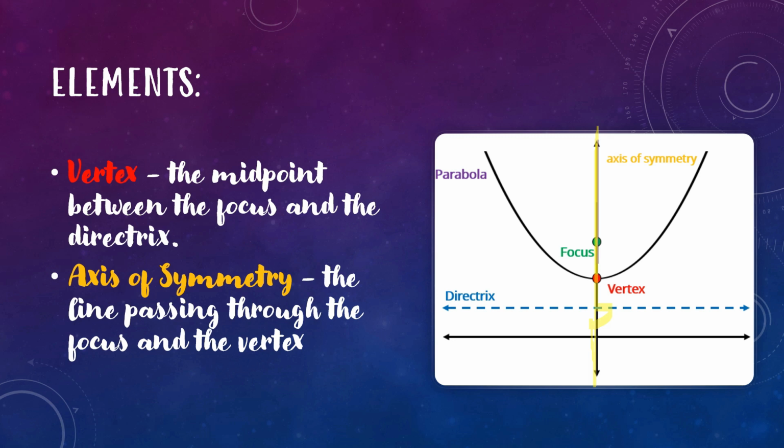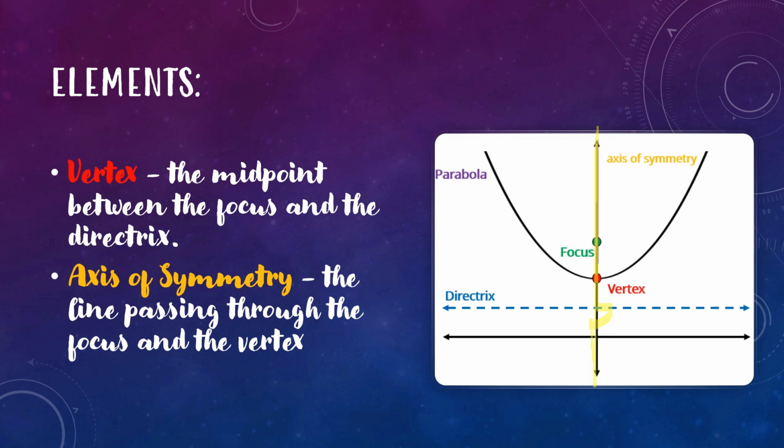Okay, in a circle we have the diameter, which divides the circle into two equal parts; in a parabola we call it the axis of symmetry. So it divides the parabola into two equal parts. It always passes through the focus and vertex.